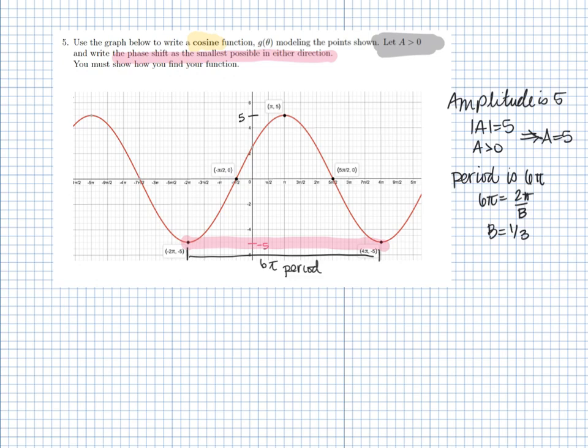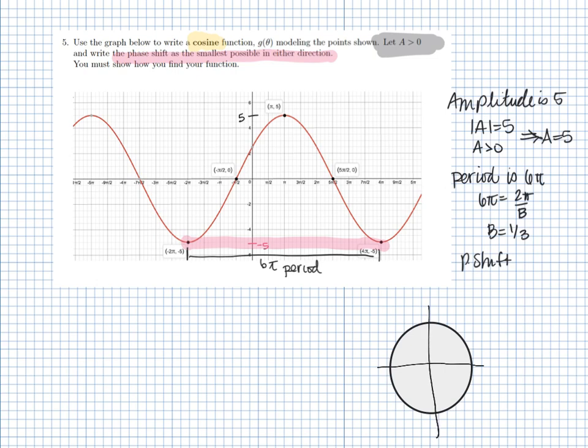Now we need to look for our phase shift. Remember that using the unit circle, we know that we can expect that we will have a, just to put the unit circle out there for us, and we'll draw across here, and we'll draw down here.